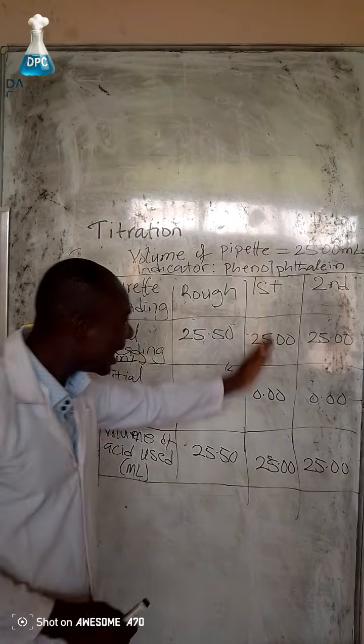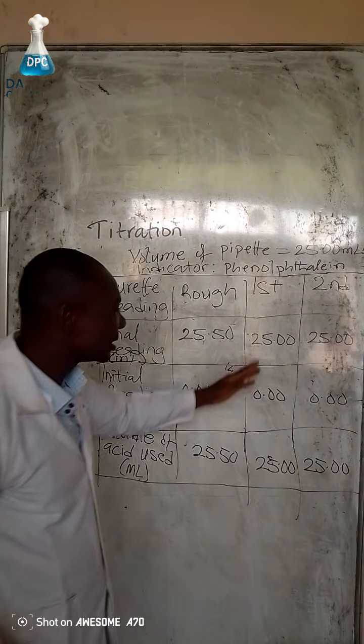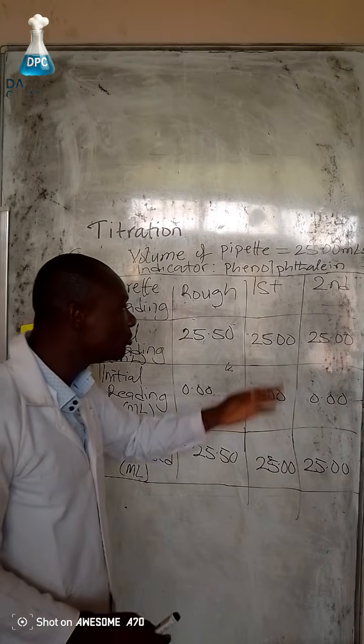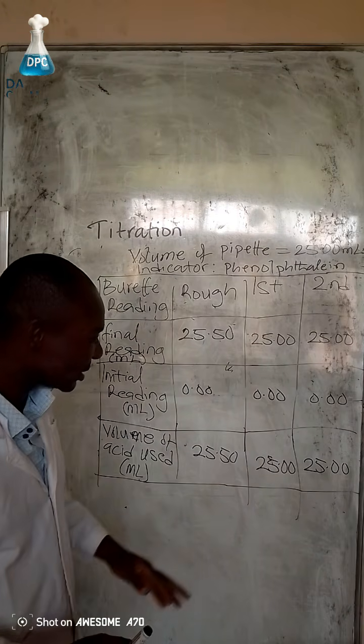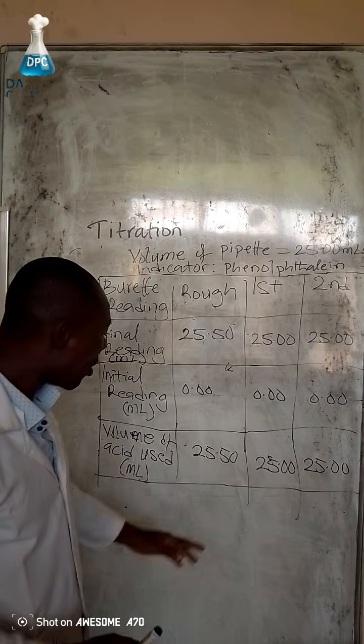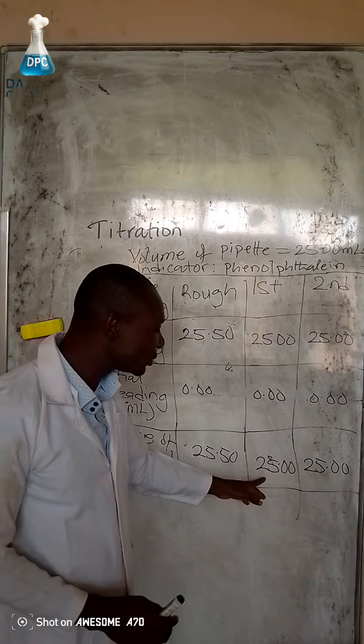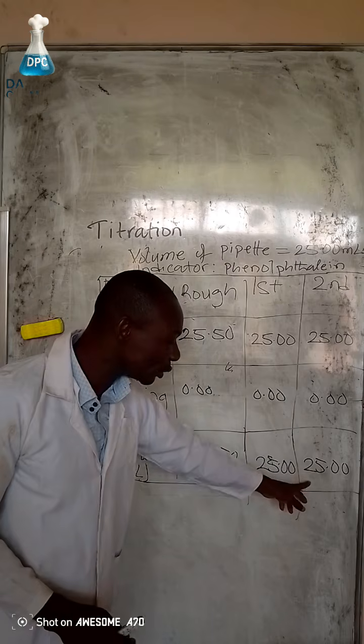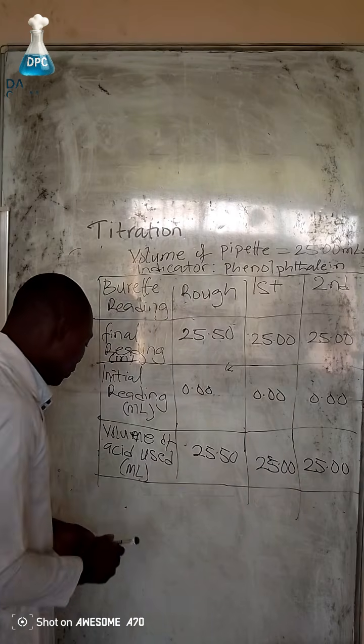Now, I have just 2 titrations here after the rough. So I'm going to work out the average volume of acid used. That will be the sum of the volume of acid used in the first titration and the second titration.